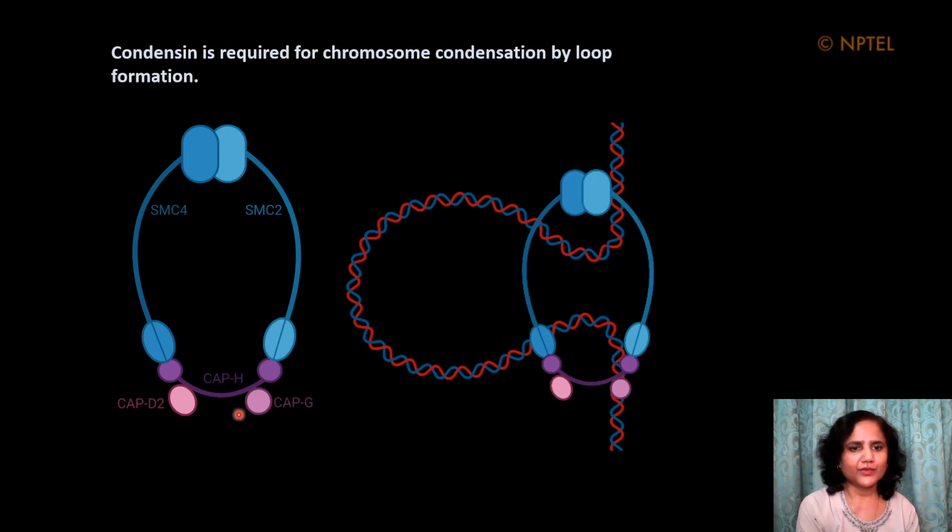So here also there's a kleisin subunit CAP-H which bridges the two head domains of SMC2 and SMC4, and also the head domains can bind and hydrolyze ATP.